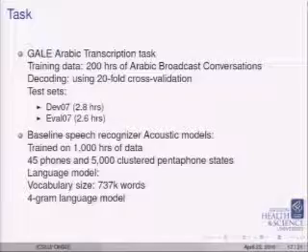We tested our approach on the GALE Arabic transcription task with 200 hours of Arabic broadcast conversations, and we decoded the data using 20-fold cross-validation. We tested on DEV07 and EVAL07, and the acoustic models of the baseline speech recognizers were trained with 1,000 hours of data.